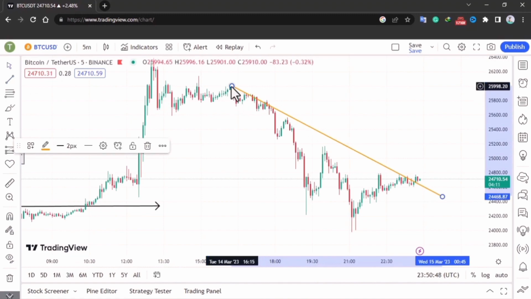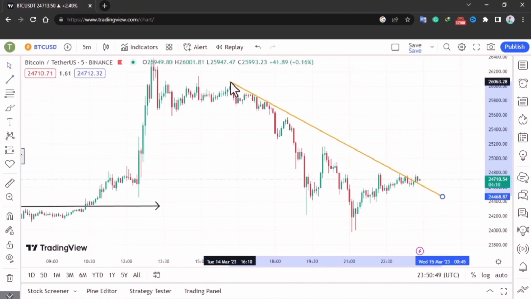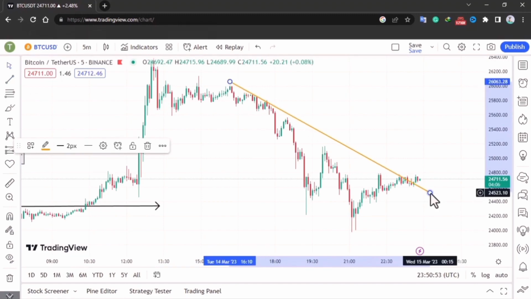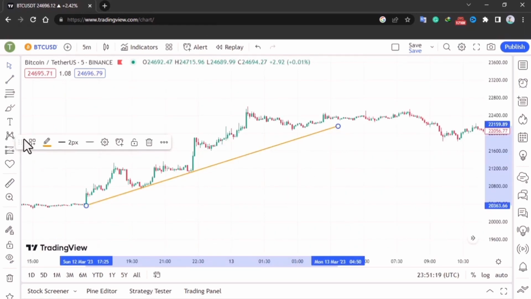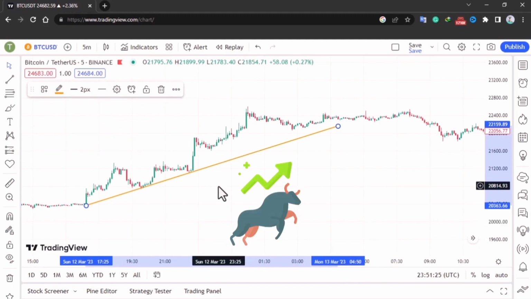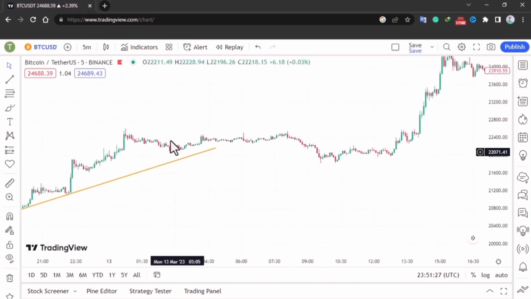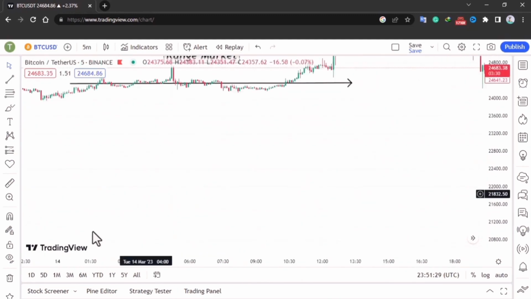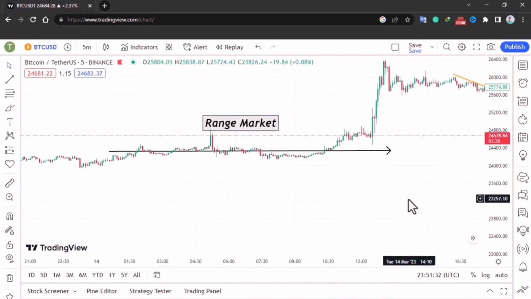So if I draw it from top to bottom, it means I am willing to mark a bearish trend because the price is going down. If I draw one like here, from bottom to top, it means that the price is going up, and we call it a bullish trend. If the price goes sideways, we call it a range market.